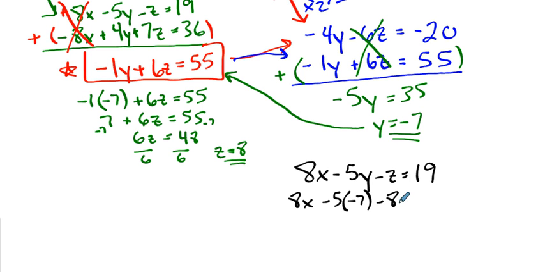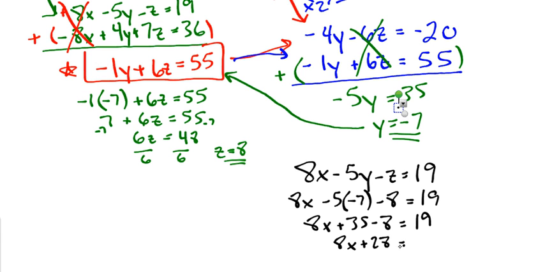I know what z is, 8. 35 minus 8 is 28. I'm going to subtract 28 from both sides. And I get 8x equals negative 19 minus 28.